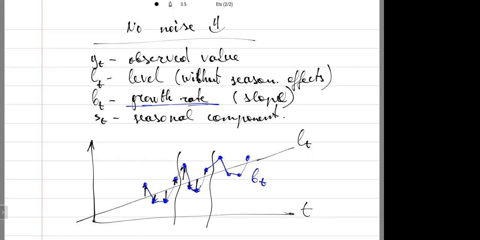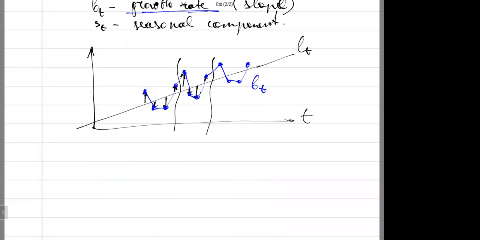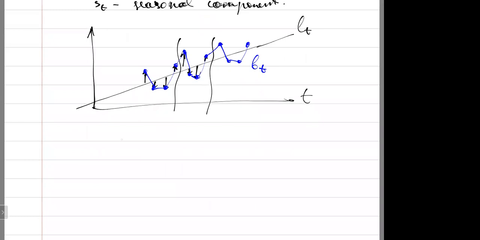Okay. In this setup, when there is no noise, you are completely right. L_t is just the previous level plus the previous growth rate. B_t is just B_{t-1}. It's constant.